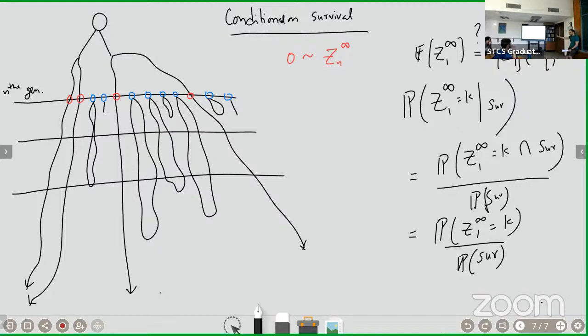So this is all these computations. Okay. What more can I do? I can condition on Z1. Yes, that's the first thing I should do, with Z1 infinity a subset of that. Right? Z1 is the total number of red plus blue children. Yes, I'm only interested in the red part.